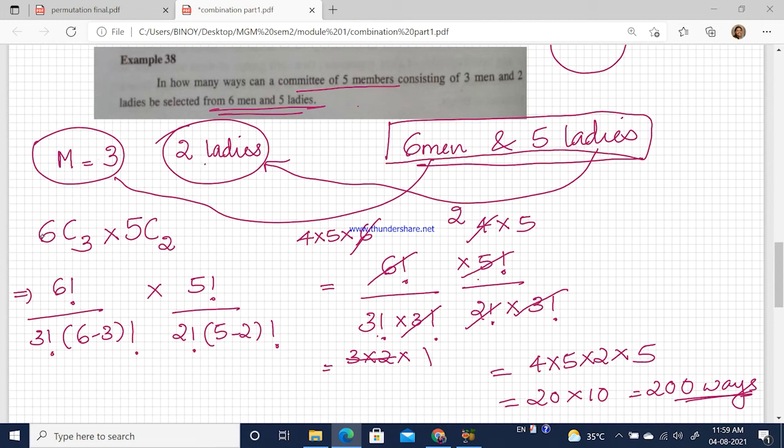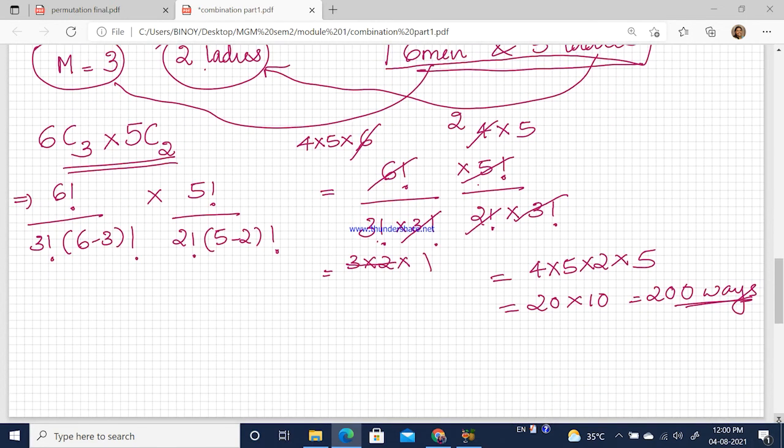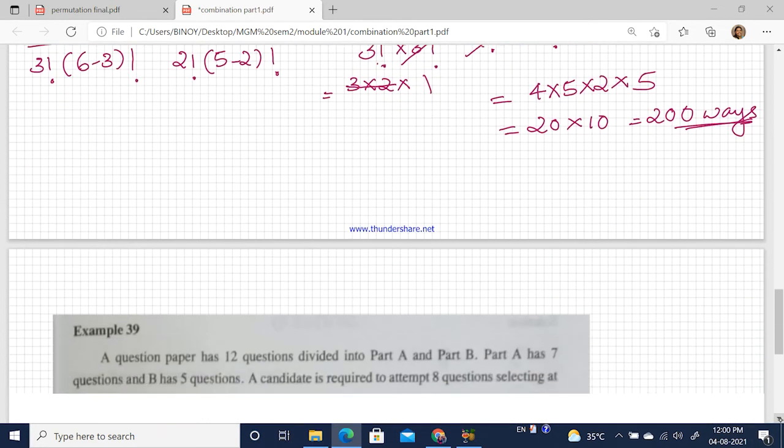So out of 6 men we are selecting 3 men, and out of 5 ladies we are selecting only 2. So 6 factorial by 3 factorial into 6 minus 3 factorial, times 5 factorial by 2 factorial into 5 minus 2 factorial. Either you can straight away put that in the calculator and get the result, or you can cut it short depending upon this. Hope this is clear for you.